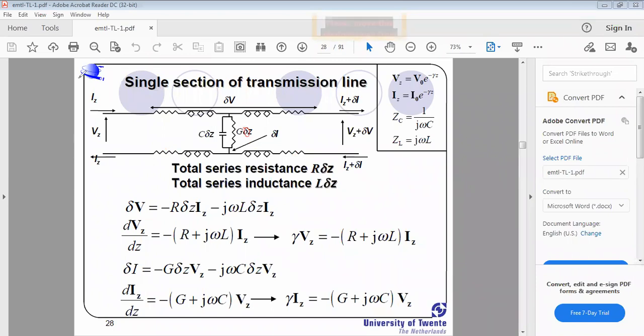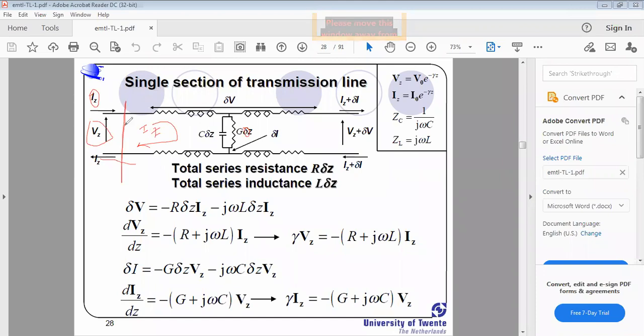See here, the current passing through that line is Iz. The potential difference between these two lines is Vz. This is the ending current Iz, and from this closed loop the outgoing current is Iz. The same current is passing through that line.